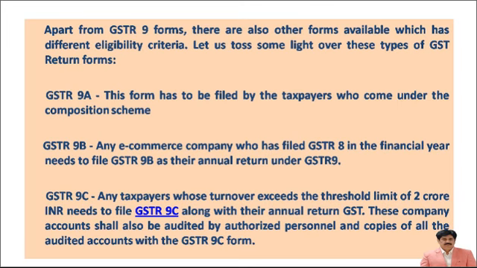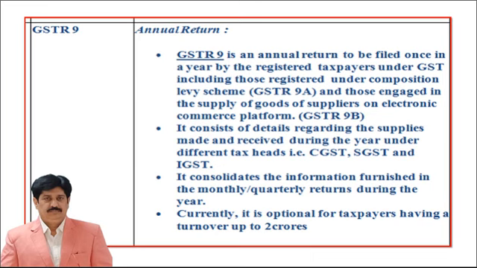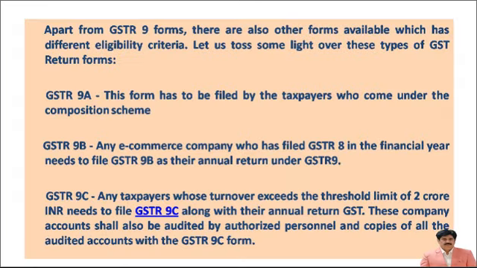So these are the different returns. Just go back once again. GSTR 9, it's an annual return. Under GSTR 9, we have GSTR 9A, GSTR 9B, GSTR 9C. GSTR 9 is a regular form, we can say.